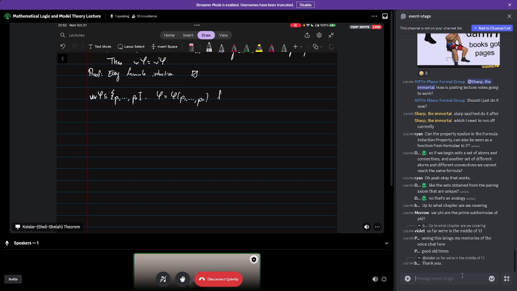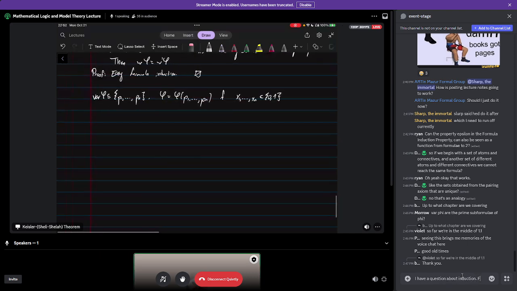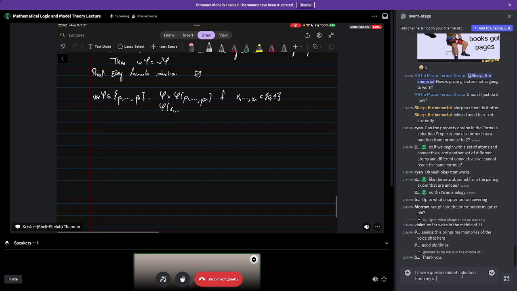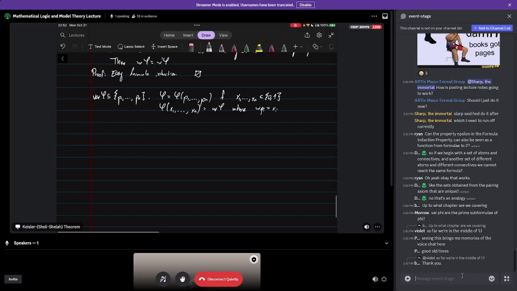And if x1 through xn are Boolean values, we write phi(x1 through xn) to equal W(phi), where W(Pi) is equal to xi.